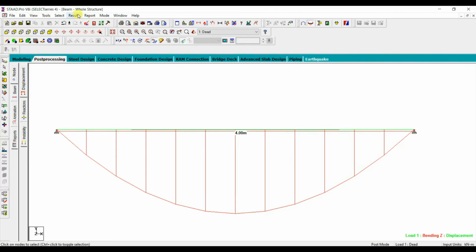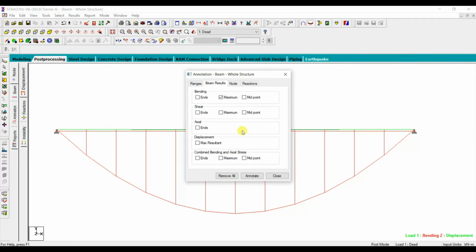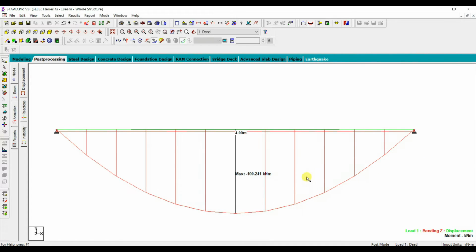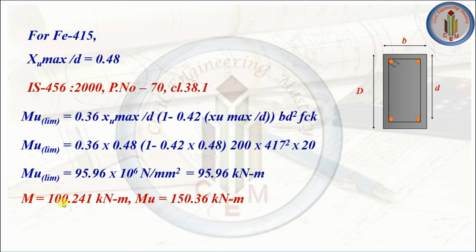Let's check the beam results, the maximum value. So we get 100.241. So this is the moment value, but this is not the factored one. So let's take this moment and then solve the problem. So the moment value we get from STAAD is 100.241.